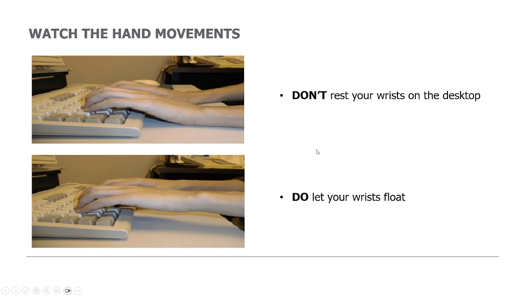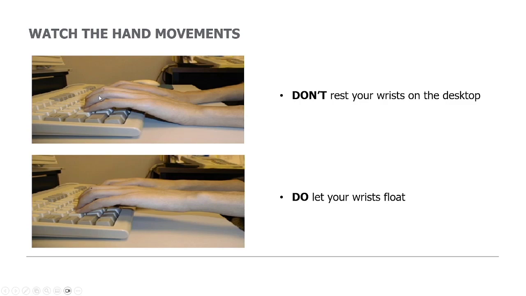We give you some different types of hand movements, okay? We give you the good and the bad, or the don'ts and the do's. The thing you want to keep in mind, if you look at the very top picture on the screen right here, this is what you don't want to do. Remember earlier I said you want to keep those wrists and your hands as straight as you possibly can. Well, in this particular picture, the individual is resting their wrists directly on top of the desktop area. But look how much uphill or elevated the hand is, and the fingers have to bend to fit on the keyboard itself.